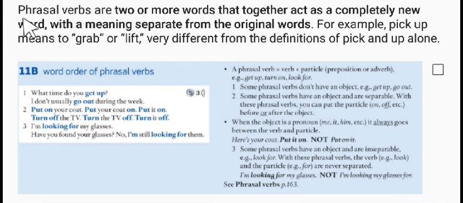Here is the definition, the best definition of phrasal verbs. Phrasal verbs are two or more words that together act as a completely new word with a meaning separate from the original words.